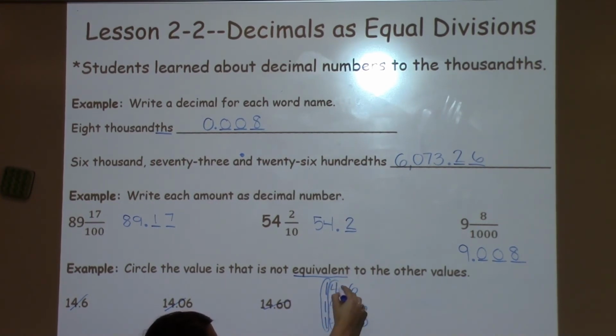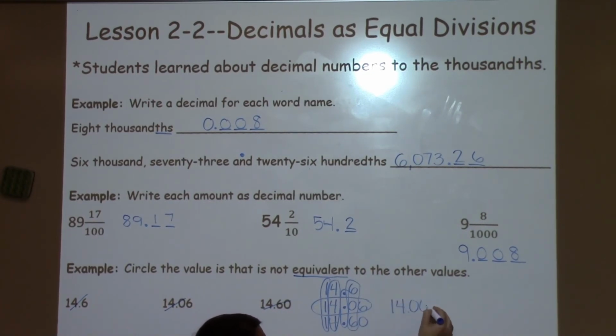So all the 1s are the same, all the 4s are the same, the decimal spots are lined up. Then I see this column and it has a 6, a 0, and a 6. That tells me that this middle number, 14 and 6 hundredths, is not the same as the other 2.